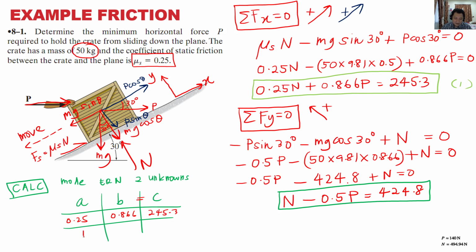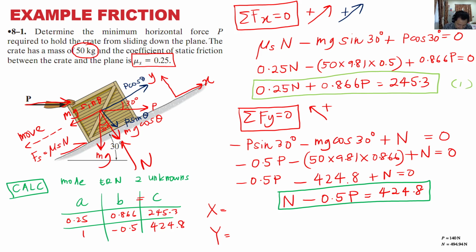For the next line, 1, negative 0.5, and 424.8. So you're going to solve it, and you're going to get x and y.